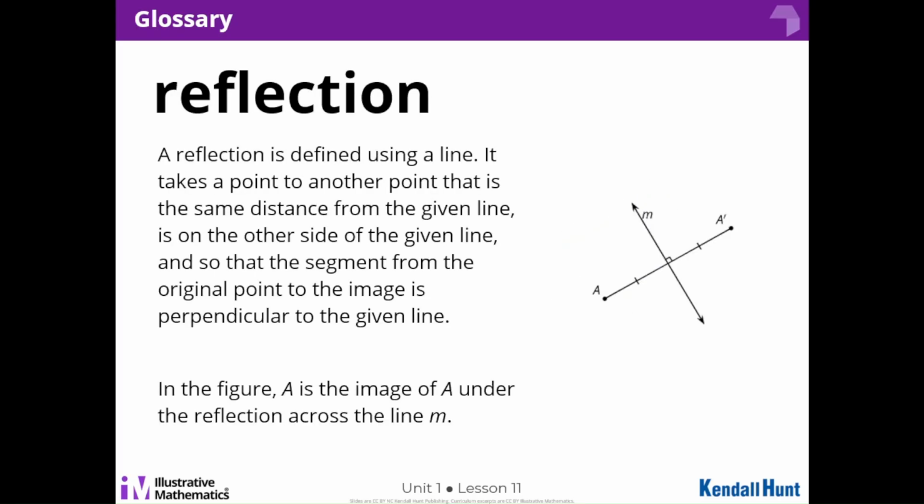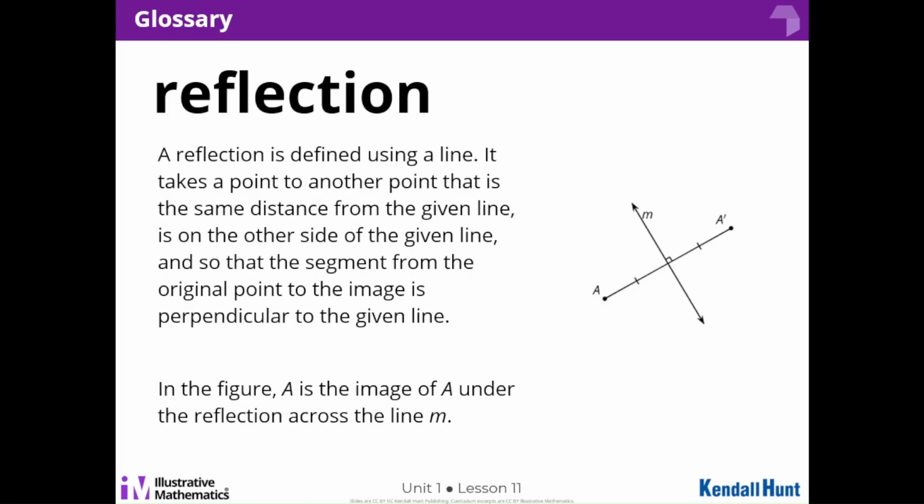Next one is reflection. A reflection is defined using a line. It takes a point to another point that is the same distance from the given line, is on the other side of the given line, and so that the segment from the original point to the image is perpendicular to the given line.